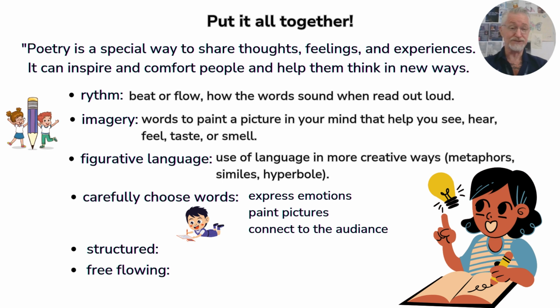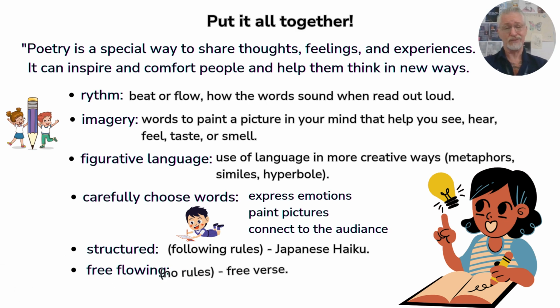Figurative language is the use of language in more creative ways, such as metaphors, similes, and hyperbole. And structured means following rules. An example is Japanese haiku poetry, whereas free-flowing means no rules at all, such as free verse. So that is my summary.